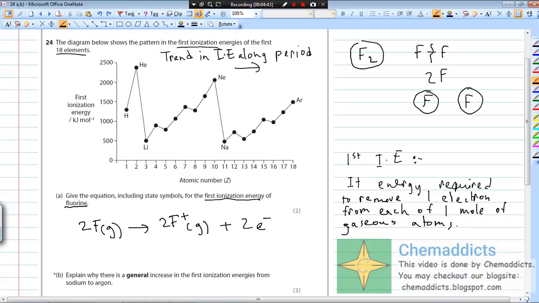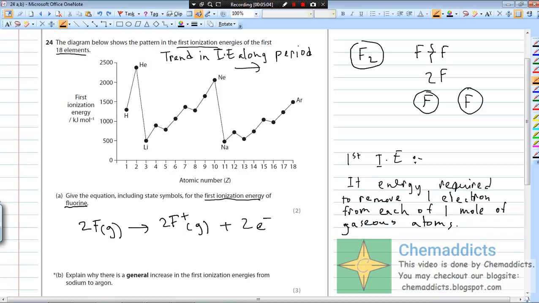Since 2 atoms are being ionized here, 2 electrons will be given, forming 2 positively charged fluoride ions. That is how we write the equation.